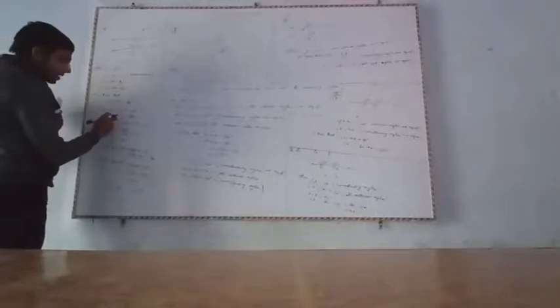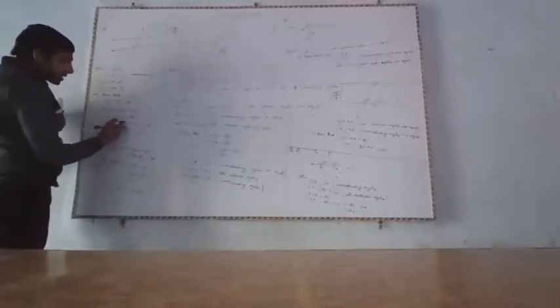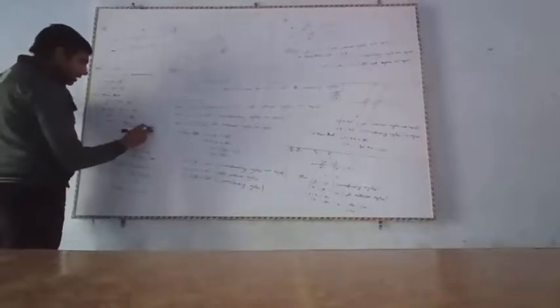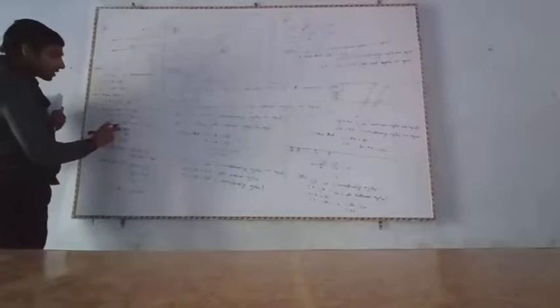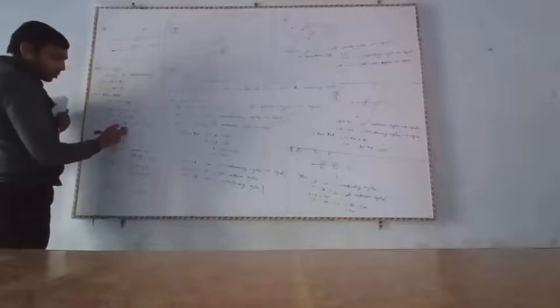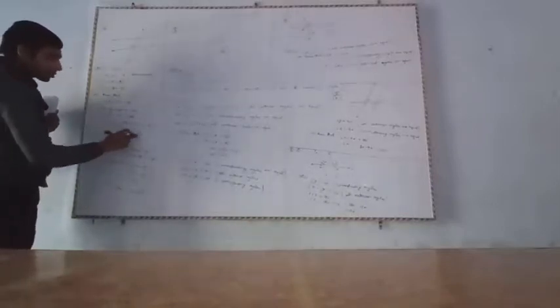Here we add 2x plus 3x, which is 5x, minus 8 minus 7, which is minus 15, is equal to 180 degrees. So 5x is equal to 180 plus 15 by transposing, so 5x is equal to 195 degrees. Then x is equal to 195 upon 5, and by solving we get x is equal to 39 degrees.